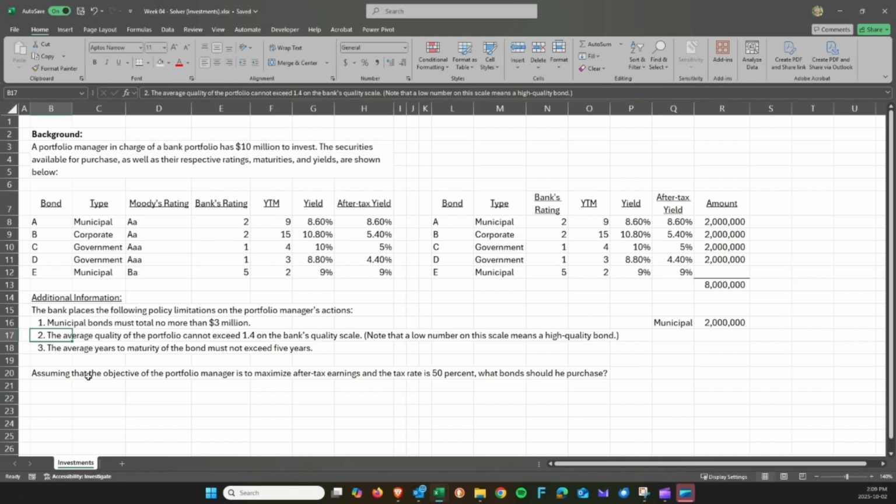The average quality of the bond cannot exceed 1.4. Now, you might be tempted to use some sort of an average function here in order to do this. It's tempting to think that way, yes, because there is a built-in average function.